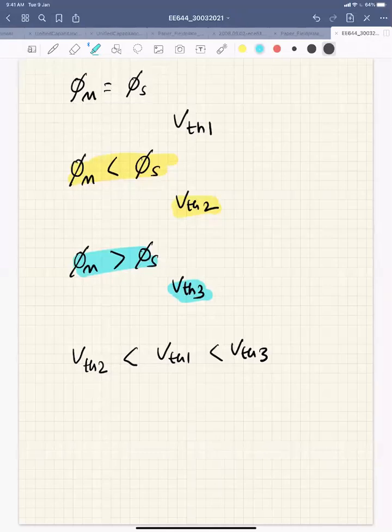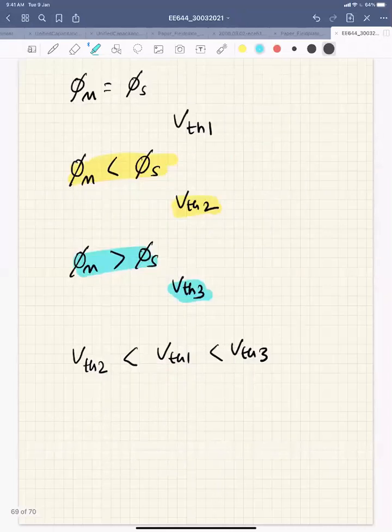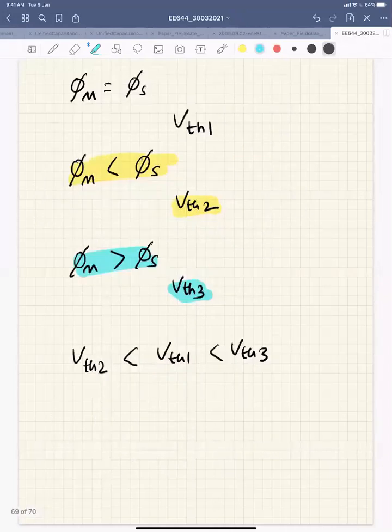That means my surface is accumulated. I have holes at the surface, right? So to invert, I have to apply more gate voltage. So your threshold voltage 3 will be more than threshold voltage 1, which will be more than threshold voltage 2, right?